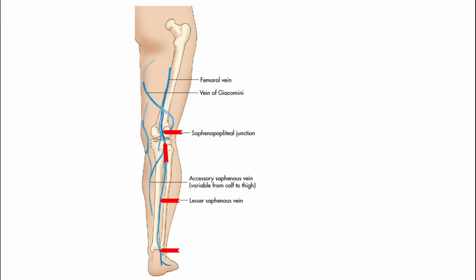Now the junction of the long saphenous with the femoral is guarded by a valve, a very important valve, in addition to the communicating veins below. And in the case of the short saphenous, there is a valve between it and the popliteal vein, and this is an important valve.